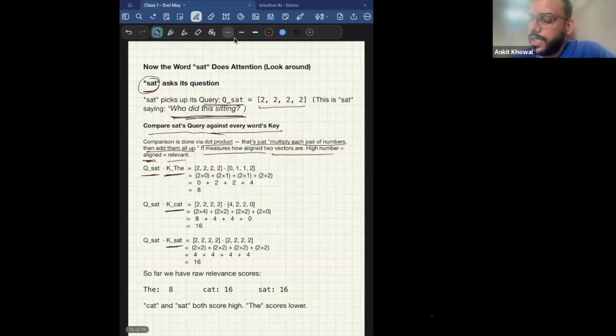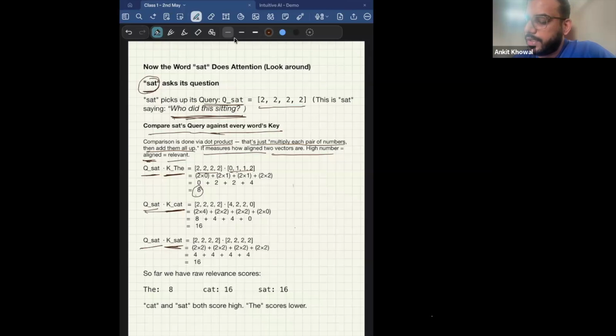By doing this multiplication, I will understand which word is more relevant to me. Because how? Because I will do a dot product. Okay. So I'll take the query of SAT, multiply it with key of cat. I will take the query vector of SAT, multiply it with the key vector of SAT, itself. Okay. Since I said we'll do this with all the words in our sentence, right? So now if I do this multiplication, I'll get a number 8.